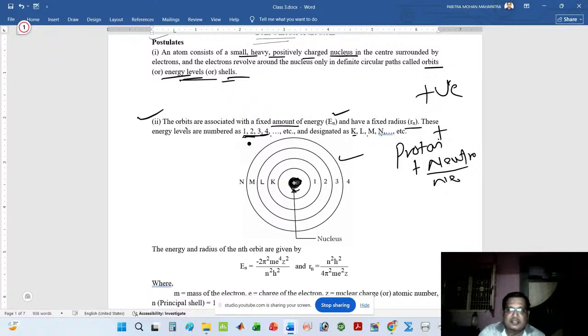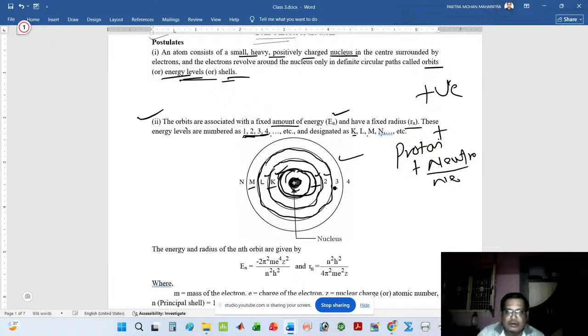You can say shell number 1, 2, 3, 4. Here the K shell means the one shell. This is the K shell. It is present near the nucleus. This shell is called the L shell, or the two shell. This next shell is named the M shell.